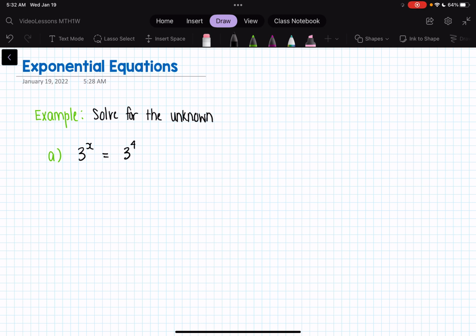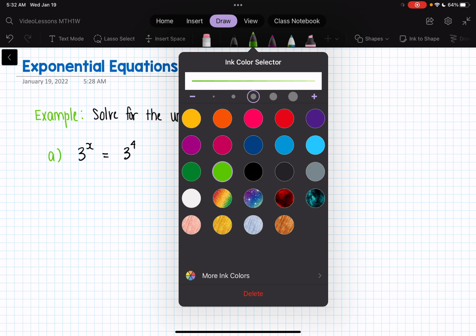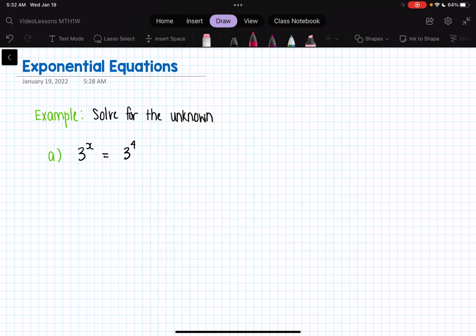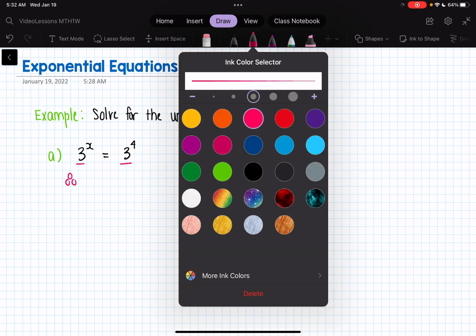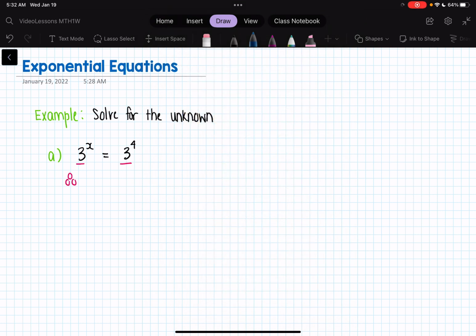What happens is if we have the same base, so I have base 3 and I have base 3, and I'm basically saying 3 to the power something is equal to 3 to the power 4, then we are making a conclusion, okay? So there's no arithmetic operation, no adding, subtracting, multiplying, dividing that goes on. It's just a conclusion that if the bases are the same and they are equal, then the powers must also be equal, okay?